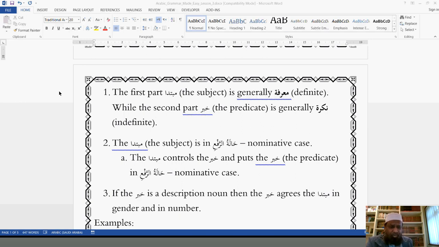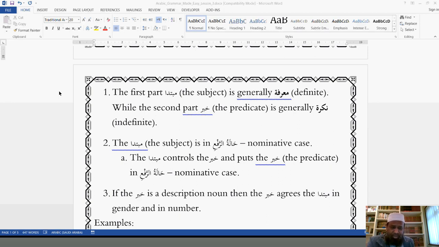Number two, the Mubtada is in Halatul Rafa. Because this is an ism, it has to be in one of the cases. So very simple to remember: Mubtada is always in Halatul Rafa, nominative case.